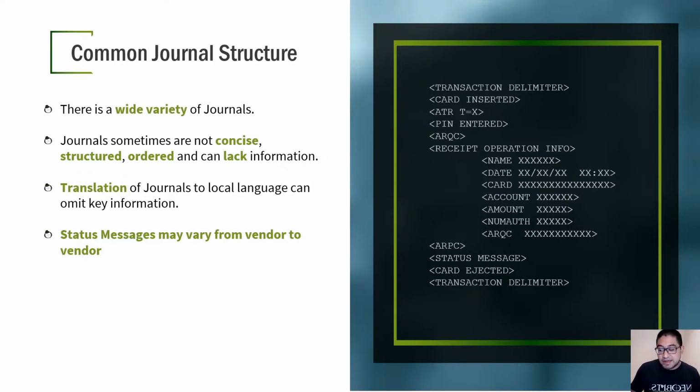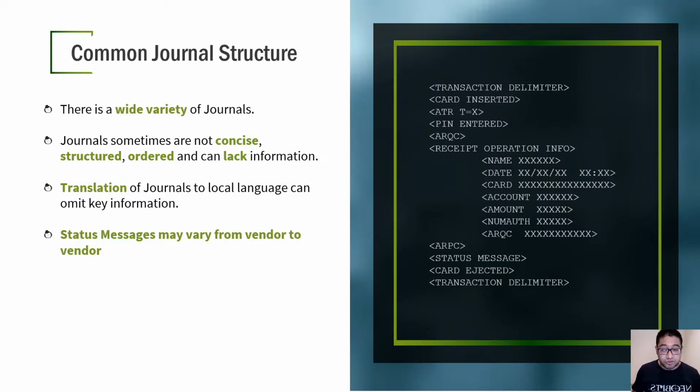The journals normally are not concise, structured, or ordered, and they could lack information. Even when you have the same ATM of the same financial institution with the same software, I have seen that the journals are different, or sometimes they just remove information.